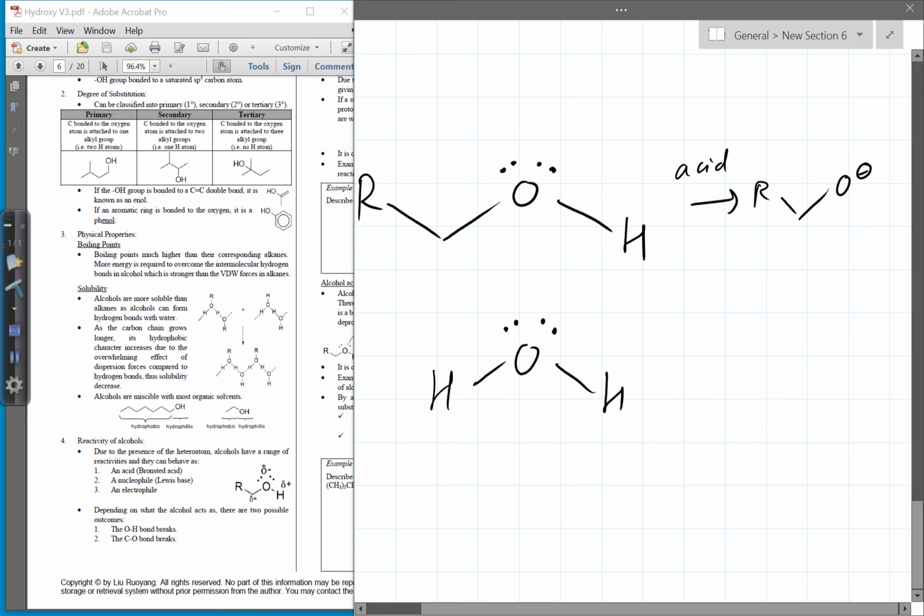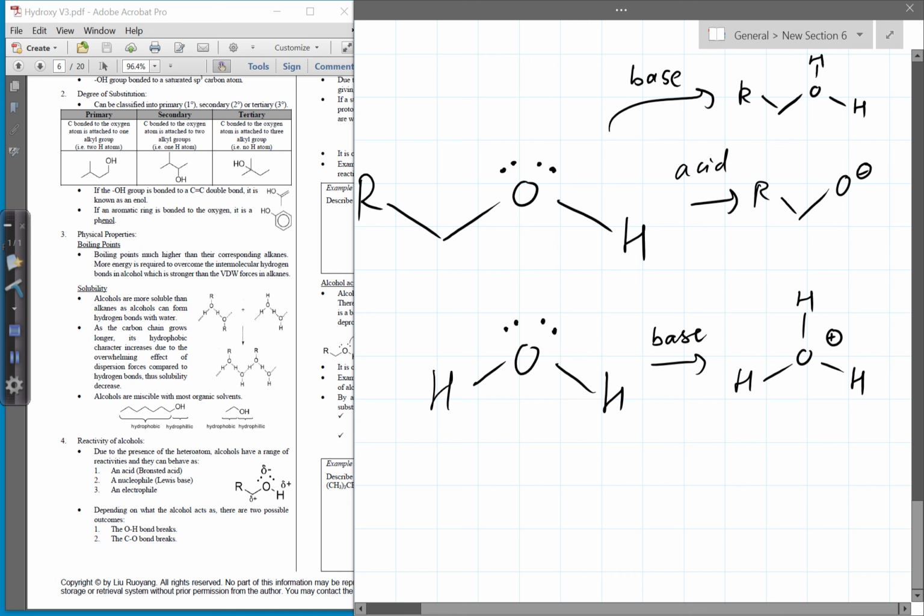We know that water can also act as a base because water is amphoteric. If water acts as a base, this is what you'll get. Same thing, we know that alcohols, which are structural analogues of this, can also act as a base, so you can form these species. In particular, what base do you call this?